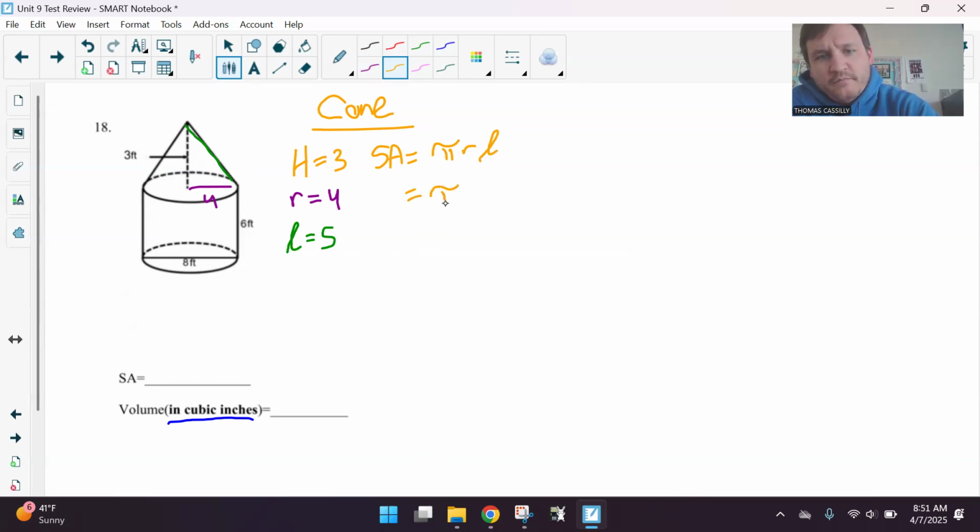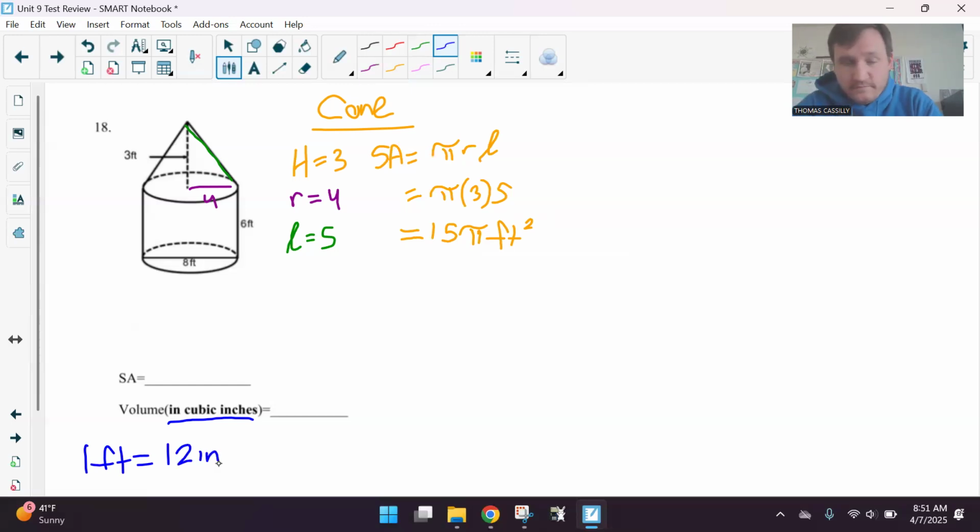Just plug all that in. So we have pi times 3 times 5, which gives us 15 pi. All right, now that is in square inches. No, it's not. That's in square feet. So if I want to convert that into inches, I know 1 foot equals 12 inches.